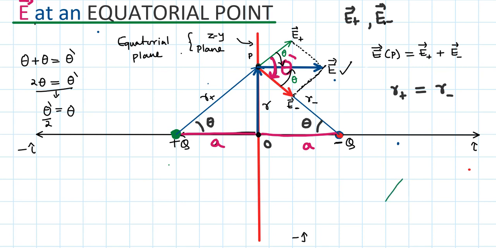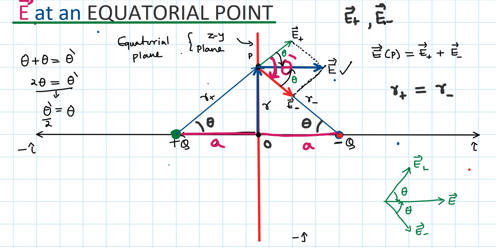You have a vector pointing like that, another vector pointing like this, and they have their sum in this direction. This is, say, E plus, and this was E minus, and this angle is theta, and this angle is also theta.